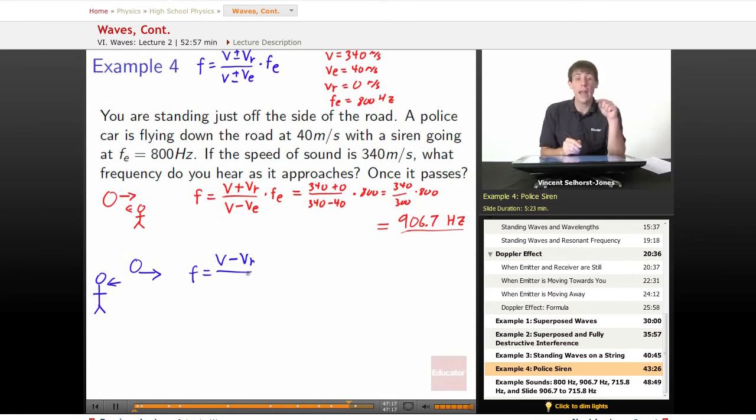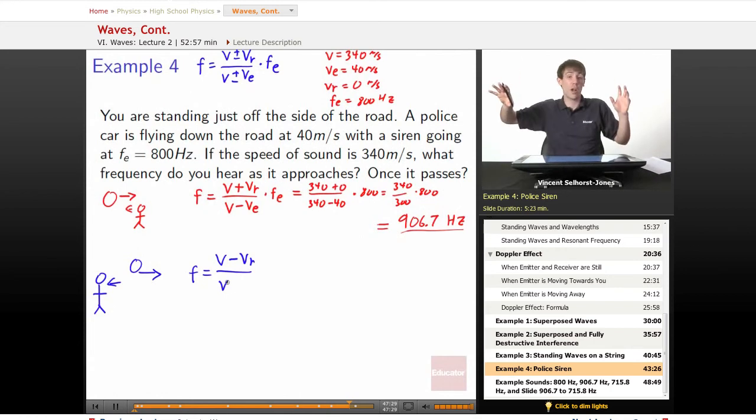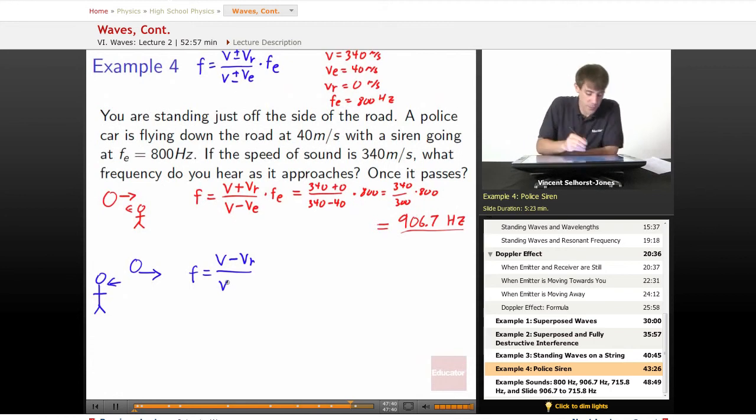Divided by, now the emitter: is it bunching up the wave peaks or spreading them out from the point of view of the receiver? It's spreading them out, because it goes farther away before dropping the next peak. That contributes to making a smaller frequency. So it's v plus v emitter, making a larger denominator, times the frequency emitted.